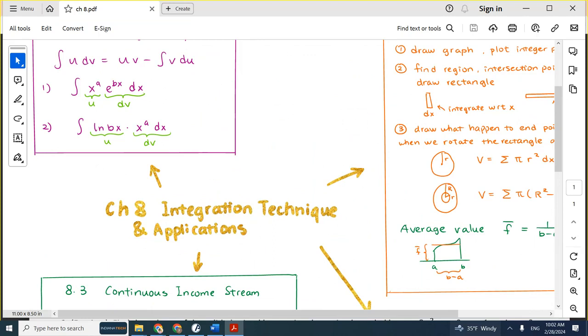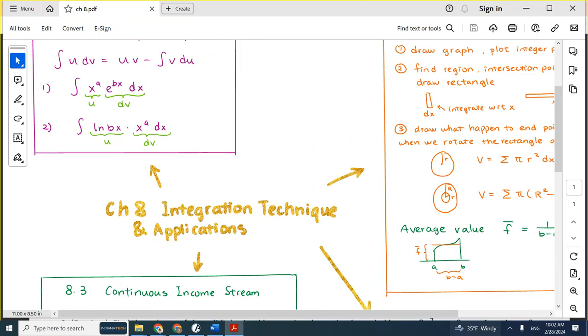If you see an integral that is not one of these types, then you should not use integration by parts. You either use u substitution if you see a composite function, or there is a way you can simplify. Maybe you distribute the term and simplify the x power, or like in your exam, you split each term of the numerator divided by the denominator, and then you can use the basic rules for integration.